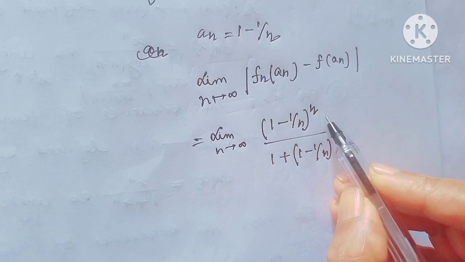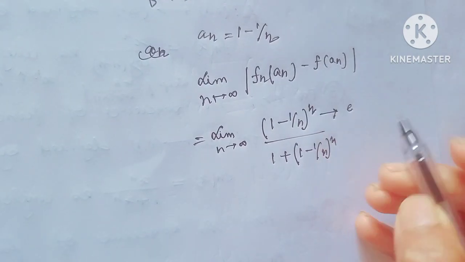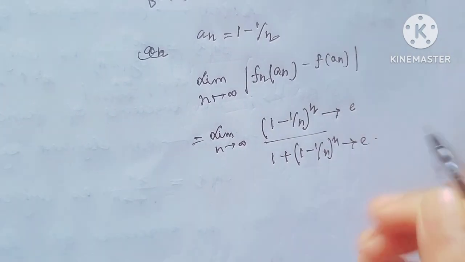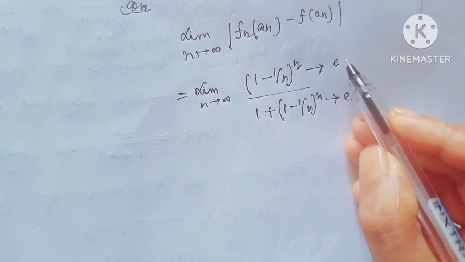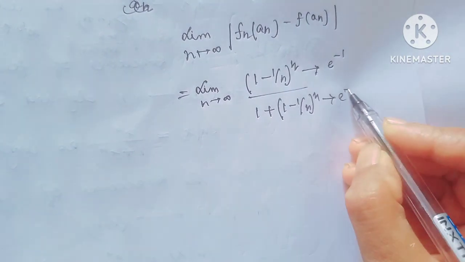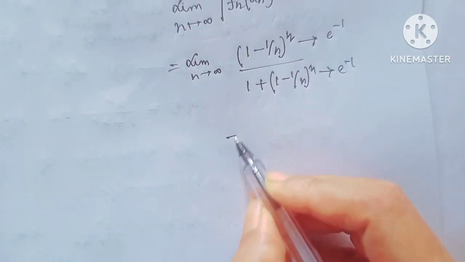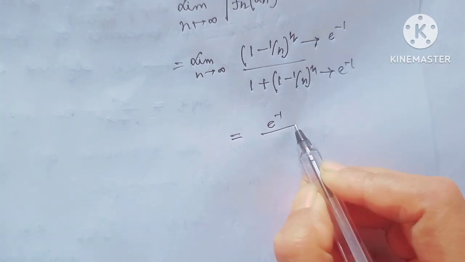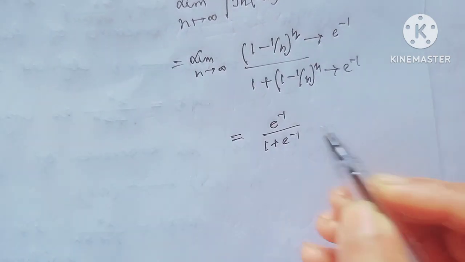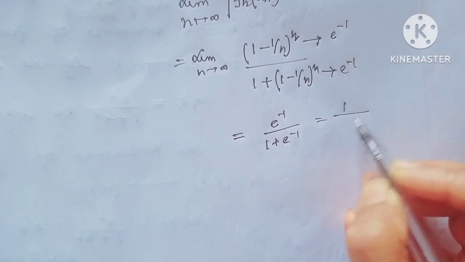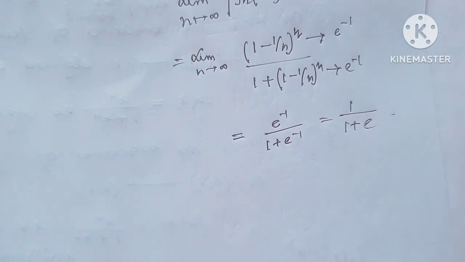As n tends to infinity, (1 minus 1/n) to the power n tends to e inverse. So this is equal to e inverse over 1 plus e inverse. So this value is equal to 1 over e.